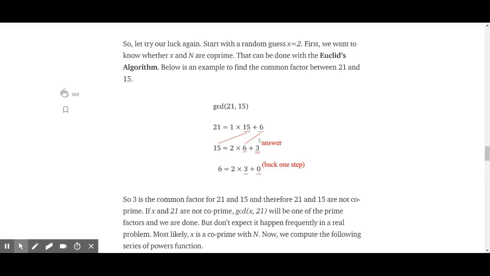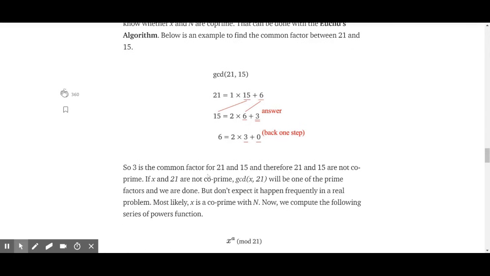Once you get to 0, you go back one step. So 3 is the common factor between 21 and 15, and therefore 21 and 15 are not co-prime. If x and 21 are not co-prime, the GCD between x and 21 will be one of the prime factors, and we're done. But don't expect it to happen frequently in a real problem.